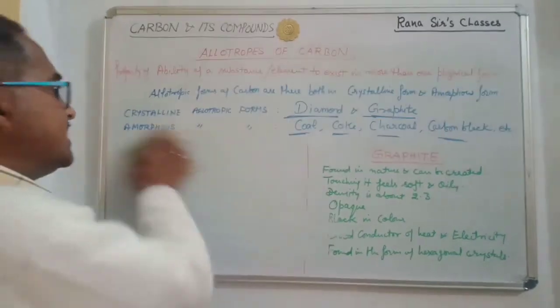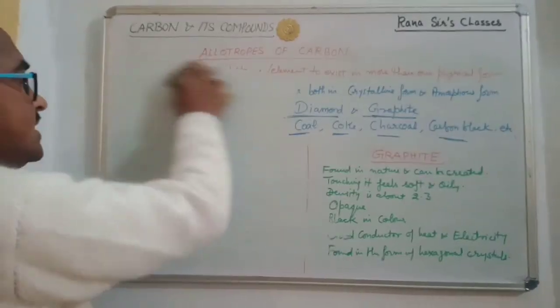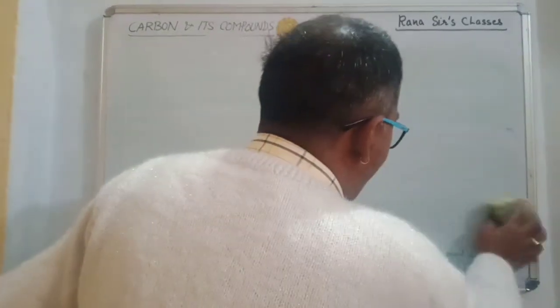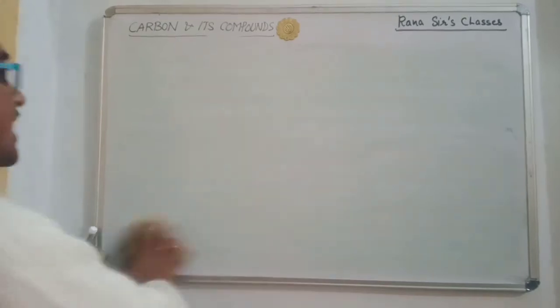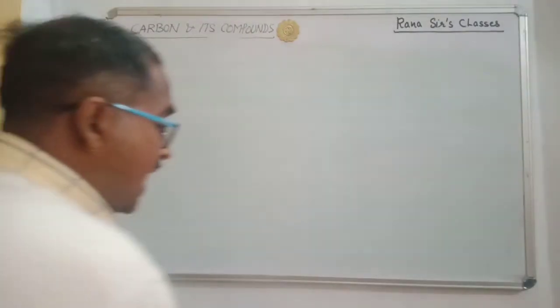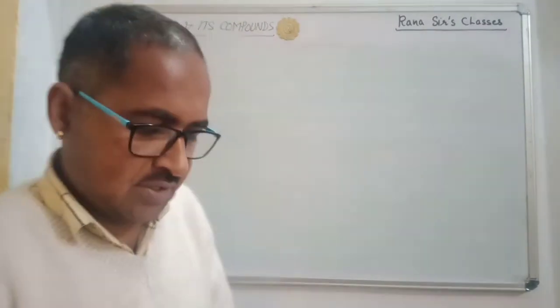Students, what happens in case of diamond is that all four carbon electrons are covalently bonded to other carbon atoms.